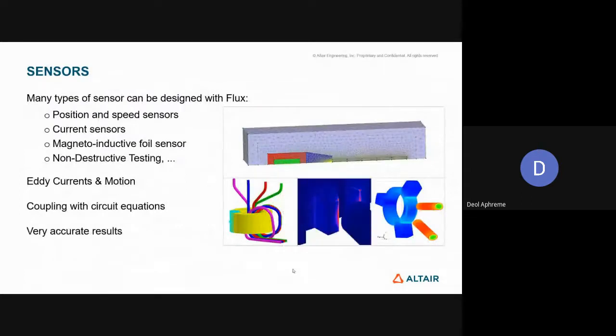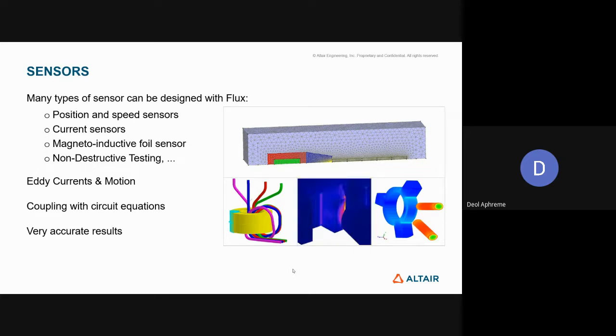Coming to sensors, sensors is another very important component, simply because they're very sensitive and very fragile in nature. So it's important that you are safeguarding your sensor at all times. For example, position and speed sensors have to be kept at an optimal distance, because they should not impede the movement.